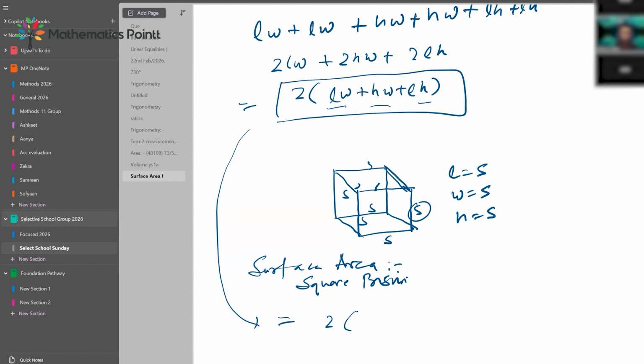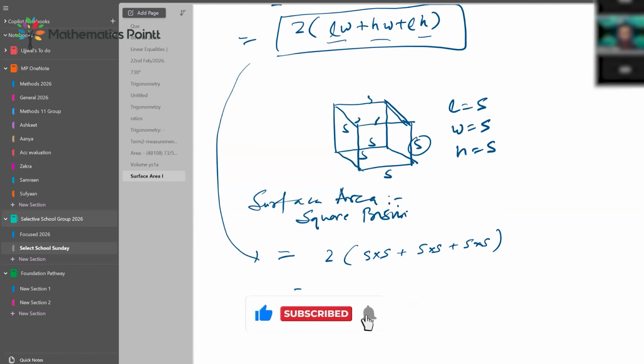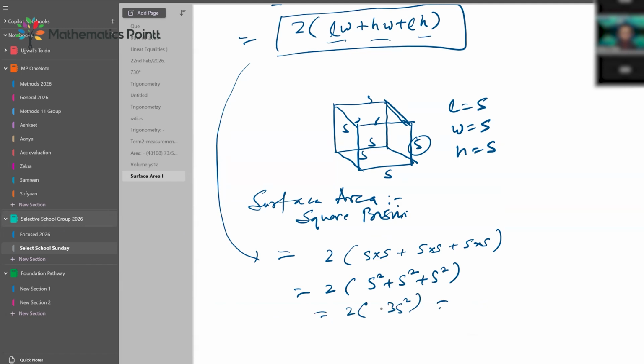So this becomes S square, because S times S makes it S square. So this is S square, square, square, which is 3S square, which makes it 6S square. That is the surface area of a square prism. Easy peasy, right? So far so good.